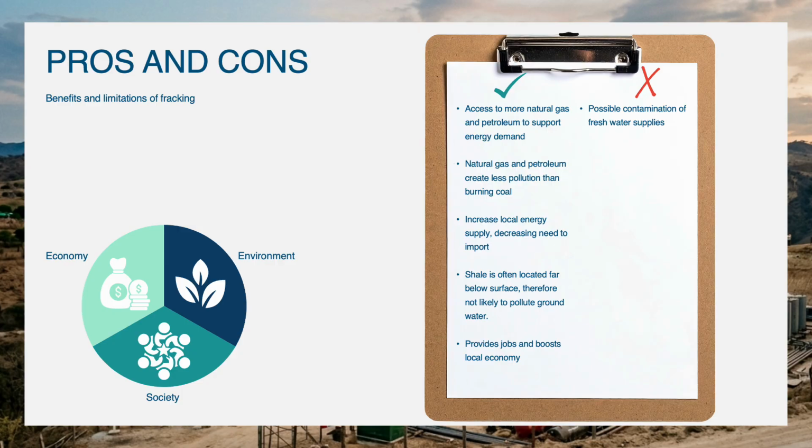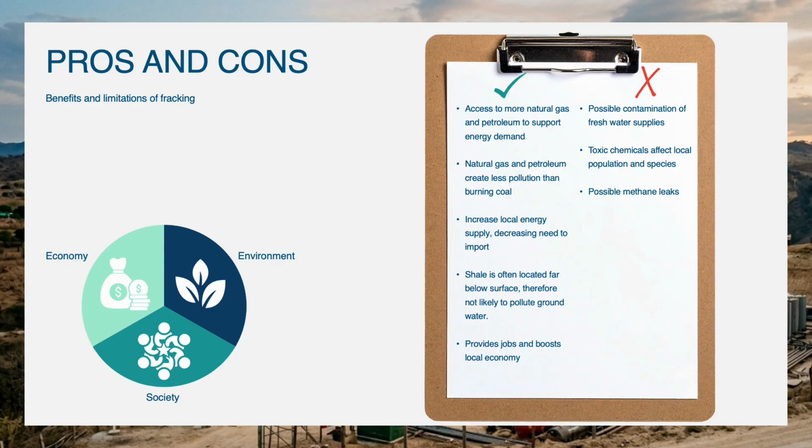If fresh water is contaminated, it can obviously be unsafe for people, livestock, and crops, and damage ecosystems. Which brings us to the toxic chemicals. Fracking fluid contains chemicals that help the process work, but some of these chemicals are toxic. If they enter water or soil, they will harm organisms and affect human health.